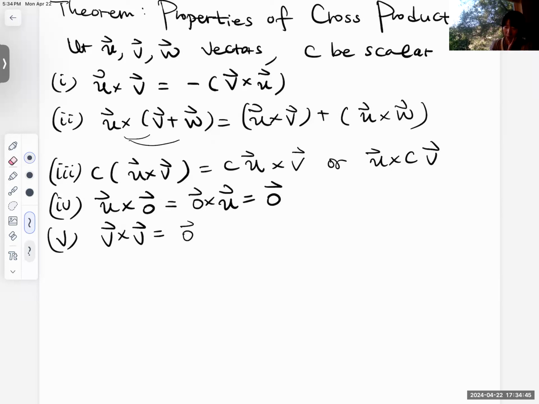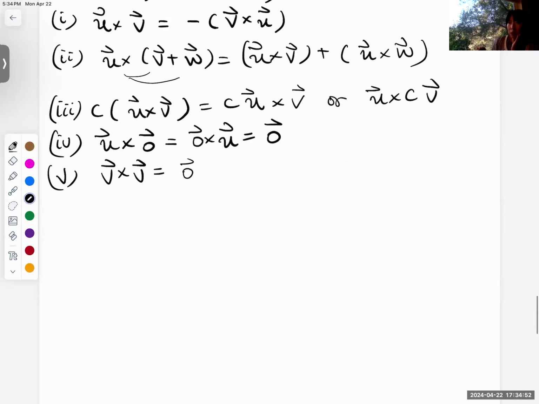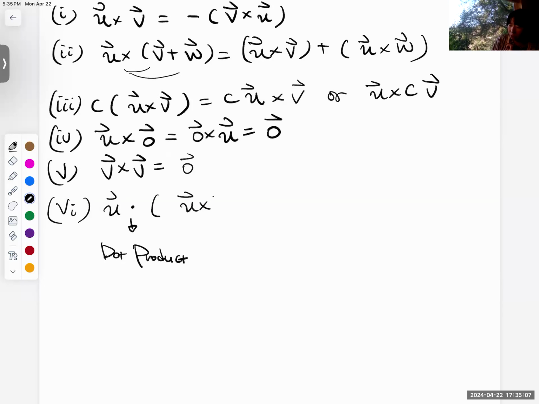So we did this one, and then that. Okay, so we have one more. We have a dot product. And then U dot (V cross W) is (U cross V) dot W.